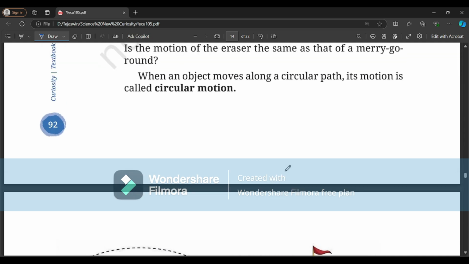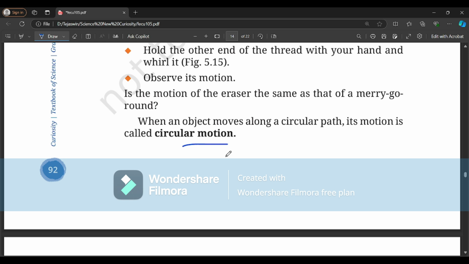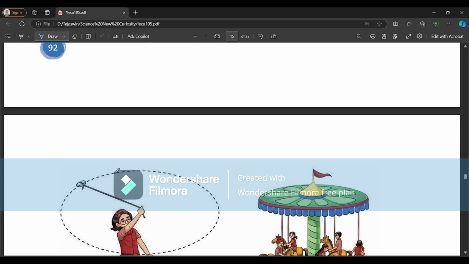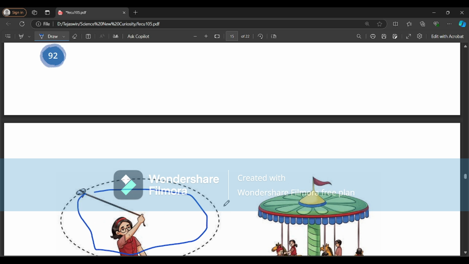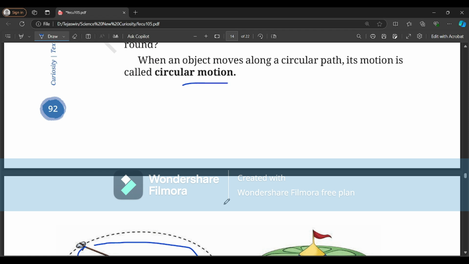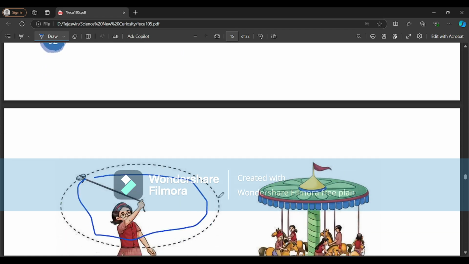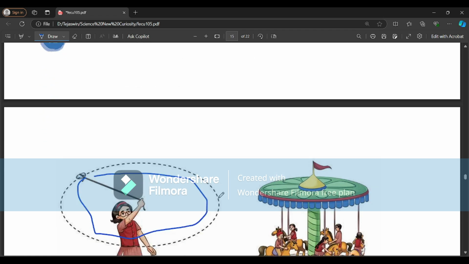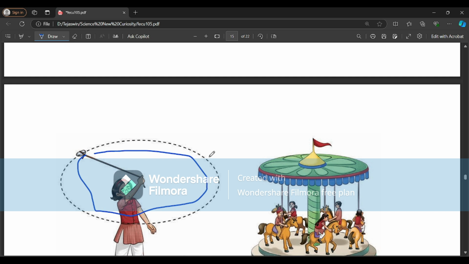What is it called? This is a circular motion, because the potato is moving in a circular path. So when an object moves along a circular path, the motion is termed circular motion.